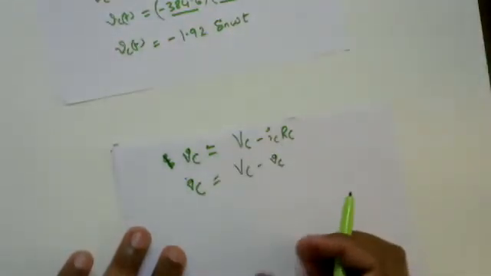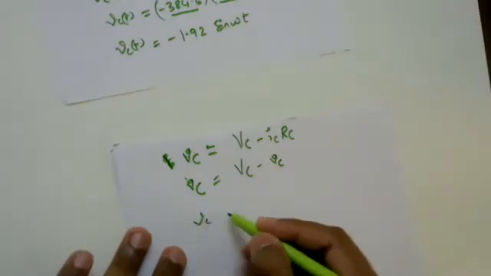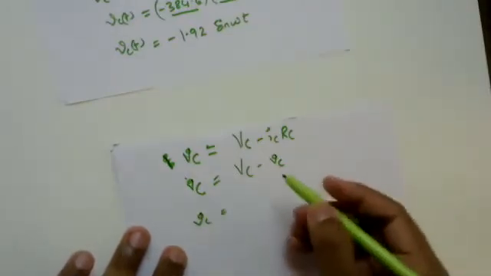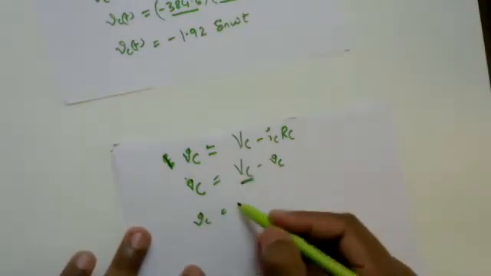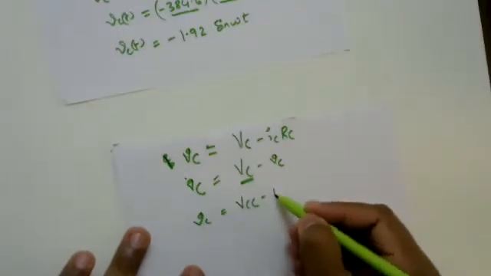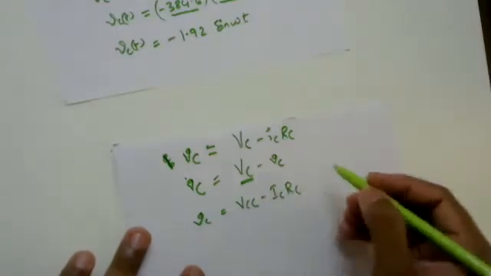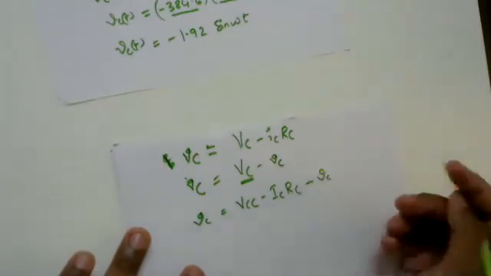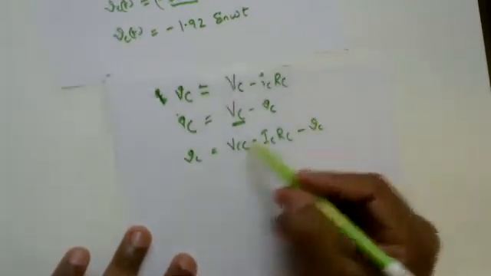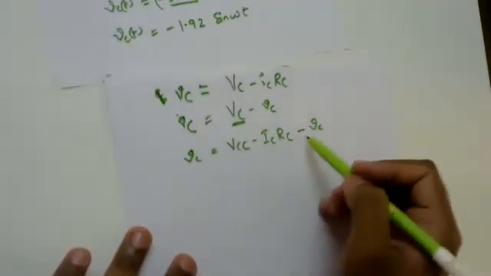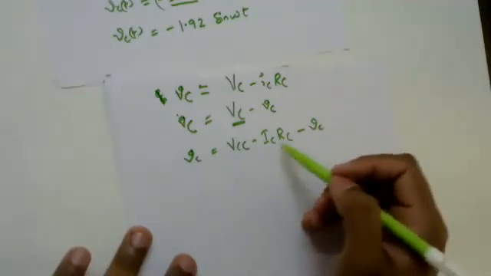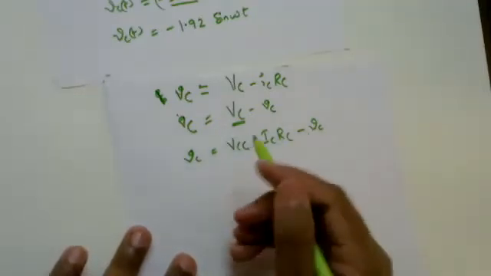Then how can I write this? Small vc is equal to VCC minus ICRC minus VC. We used this kind of expression in our derivation of voltage gain, if you remember, right?